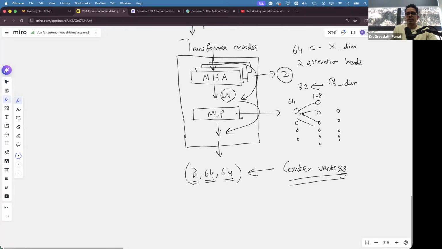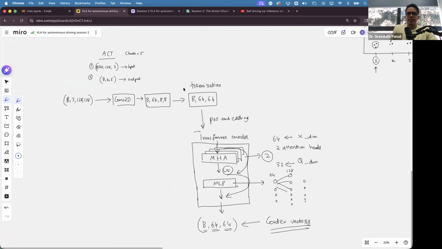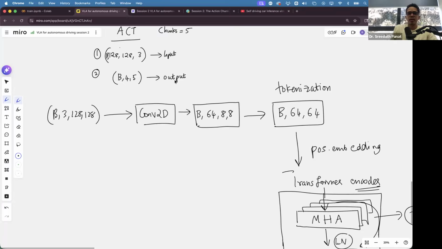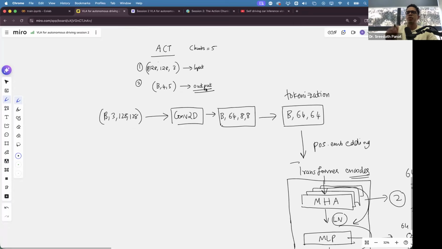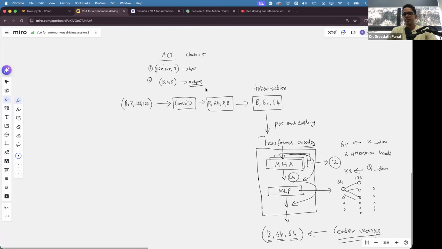So in the action chunking transformer, this is only one part, where we use a transformer encoder to encode the context vectors. But we need to finally produce an output. What do we need for producing an output? We need a decoder. So we need a transformer decoder.